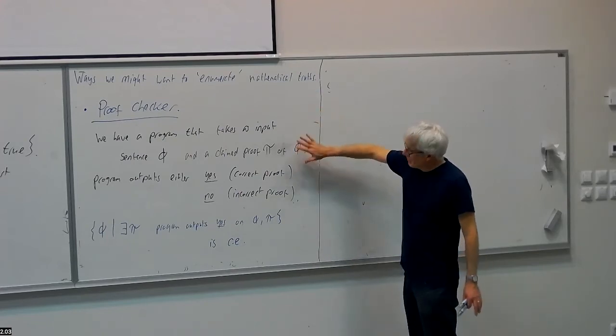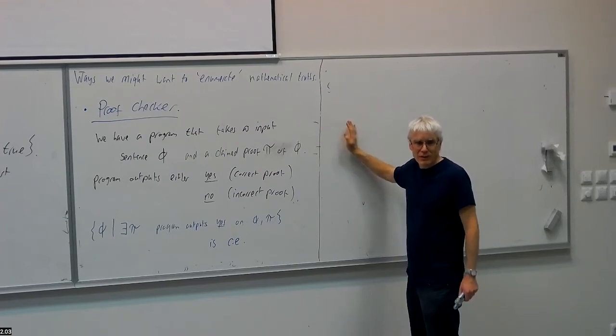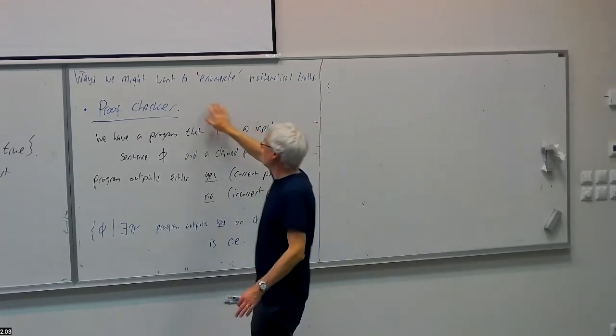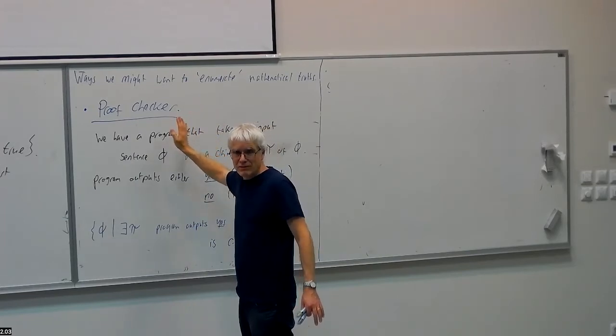So I'm just going to say the same thing holds, and I'm going to list three more ways that we might try to enumerate mathematical truths, and all of them are going to suffer from the same defect.